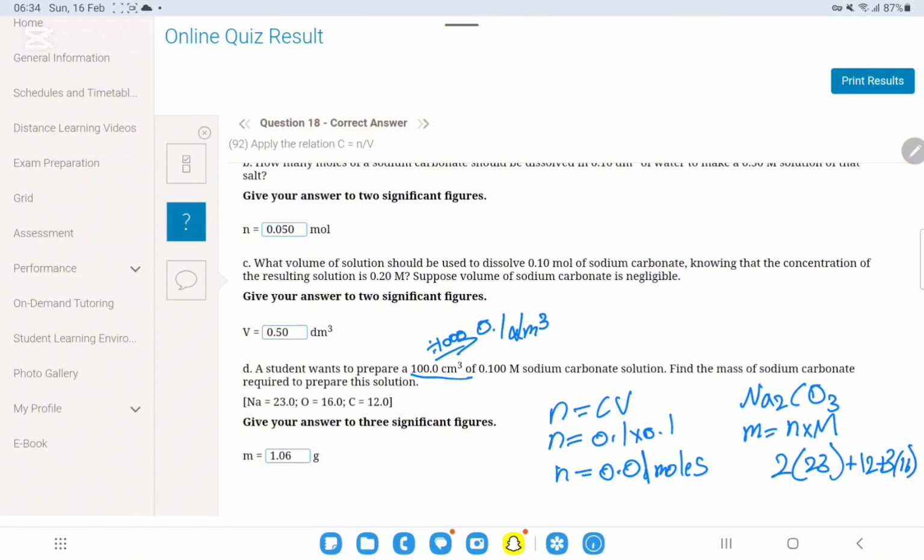This full thing, you get the molar mass is 106 multiplied by 0.01. You get 53 over 50, or exactly 1.06 mass, so grams, and it's already 3 significant figures. So when they want the mass, first you find the moles, then you multiply it by the molar mass.